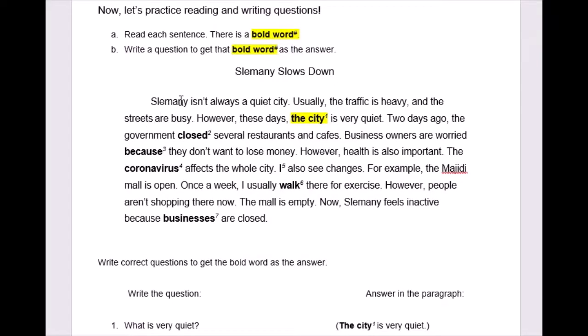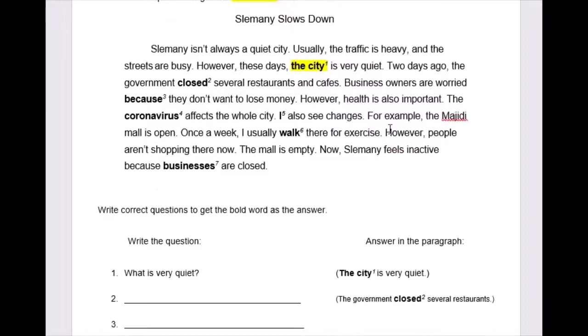So Slimani isn't always a quiet city. Usually the traffic is heavy and the streets are busy. However, these days, the city is very quiet. Okay, so the answer in the paragraph, it says, the city is very quiet. So I want to get, as my answer, the city.